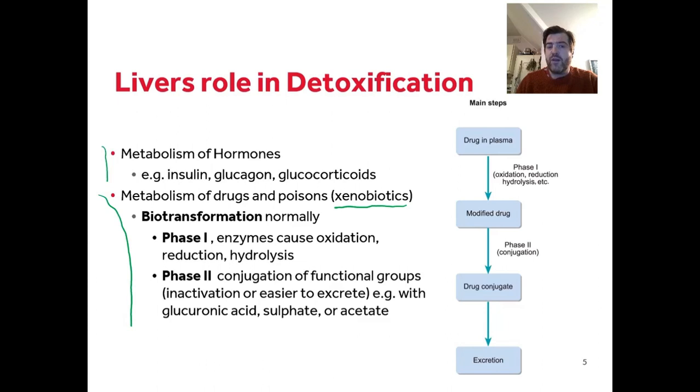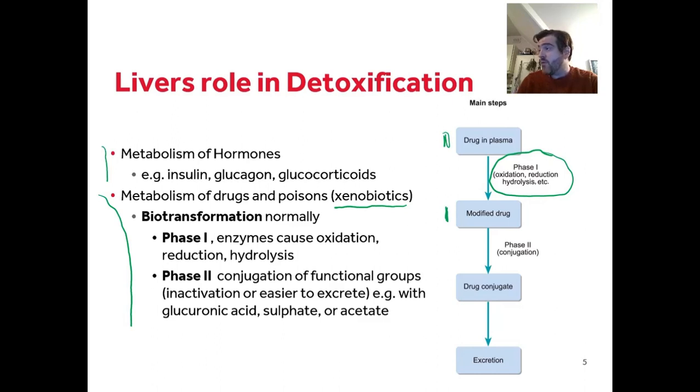And this normally occurs via phase 1 reactions, where enzymes cause oxidation, reduction, and hydrolysis type reactions to take the drug or the toxin or whatever it is into a modified form, where it then enters into phase 2.